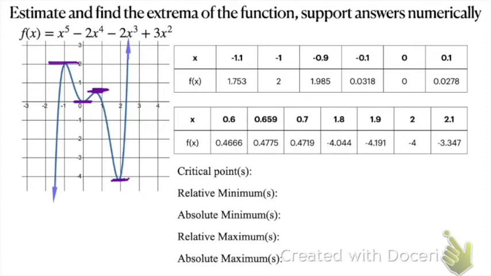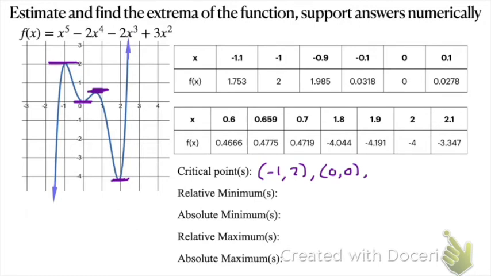When I did this on my calculator, like I said, I looked for the mins and maxes. It tells me where these critical points are. One of our critical points is at -1, +2, like it shows in my table. We'll talk about that more in a minute. Then we have another one at 0, 0.